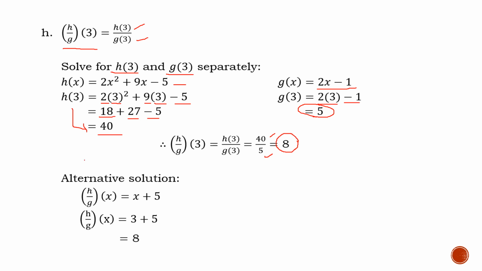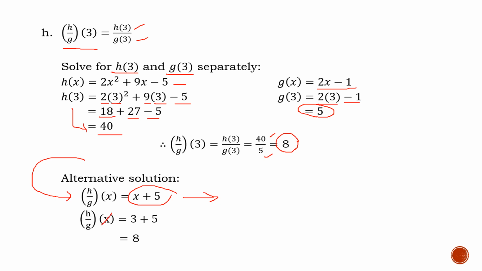So for the alternative solution, from letter D, the resulting value from letter D is x plus 5. So we just simply copy this one because this will be the resulting value from h over g of x from letter D. So right after copying the resulting value from letter D, then we apply 3 as a value of your x variable here.